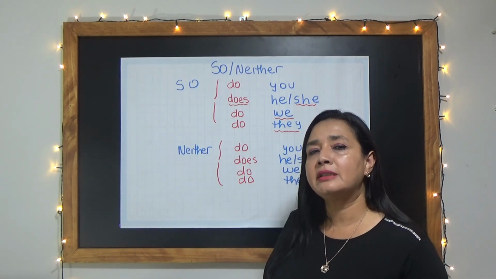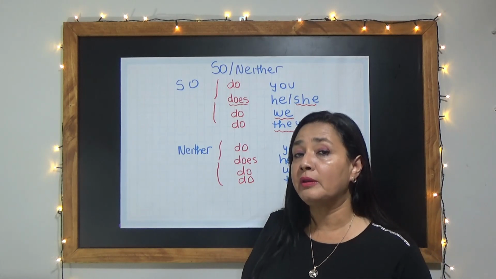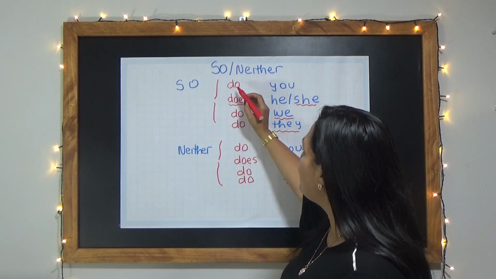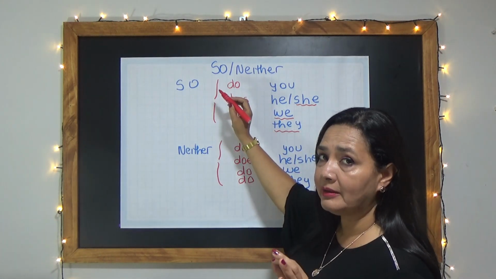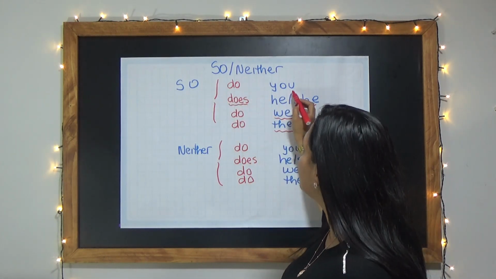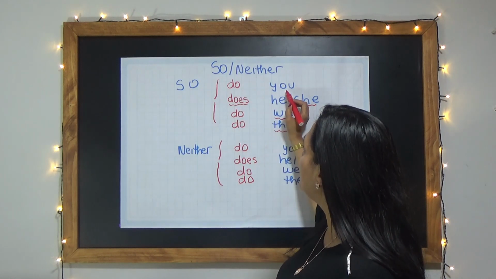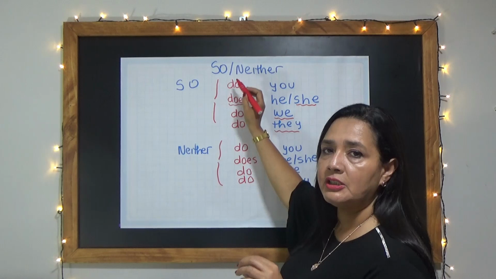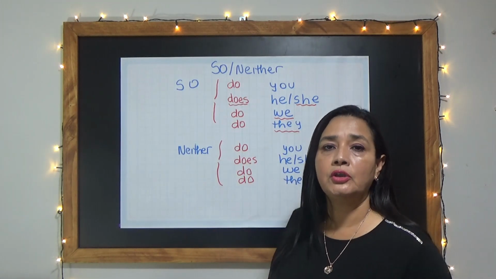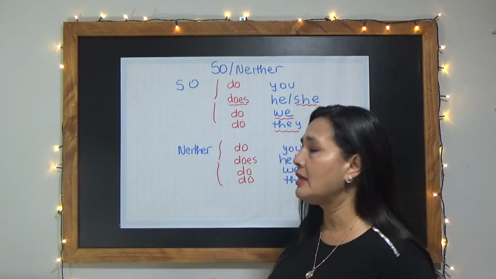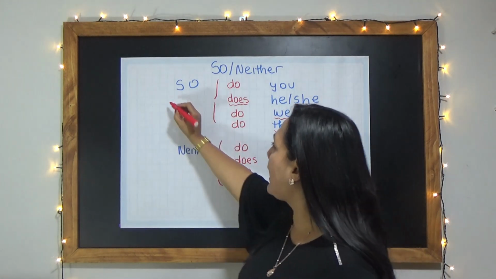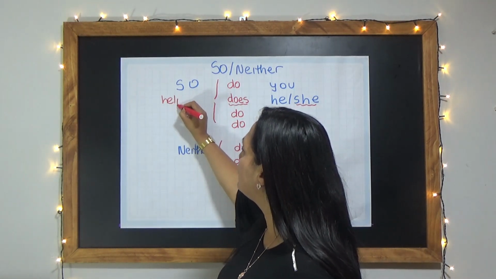Did you notice that I did something different with the verb? The verb has to be in agreement with the pronoun. When we use "you", it's "I do, you do". For "he" and "she", the verb in this case, we call a helping verb.